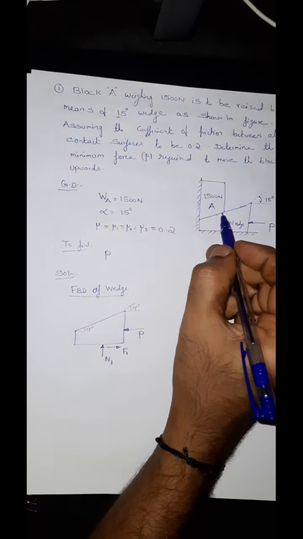This would be 90 degrees. If this is 90 degrees, then what about this angle? This could be 75. This is 75, isn't it? Because the internal angles of a triangle sum to 180, so 180 minus 90 minus 15 is 75. Correct?